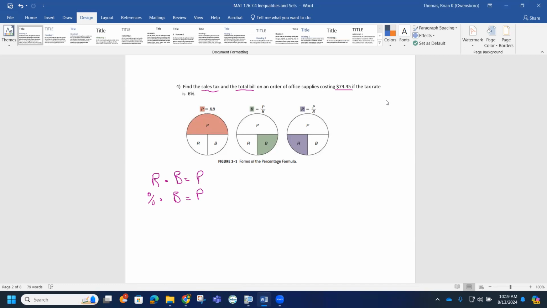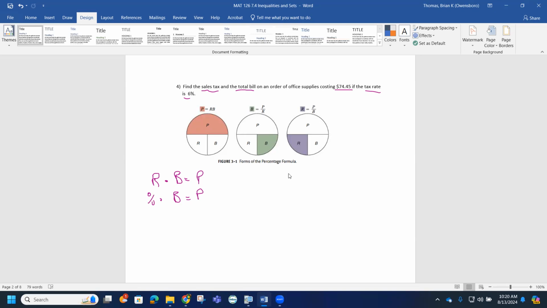Since they gave me the tax rate, what I'm going to be able to find is the sales tax. Whatever the rate is describing is what is going to be found in your portion. So those must relate with each other. Since the percentage is talking about taxes, the portion is going to be the tax.